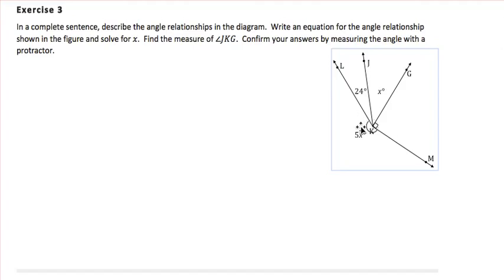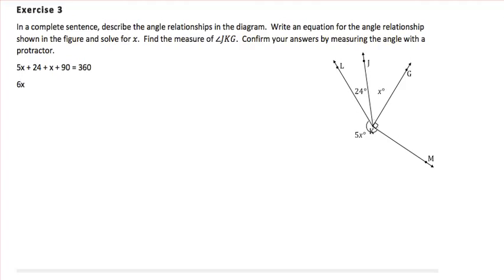A similar relationship is found in exercise 3, and they have given us some measure for each. So we can say 5x plus 24 plus x plus 90 degrees, which is the measurement of this angle, equals 360 degrees.